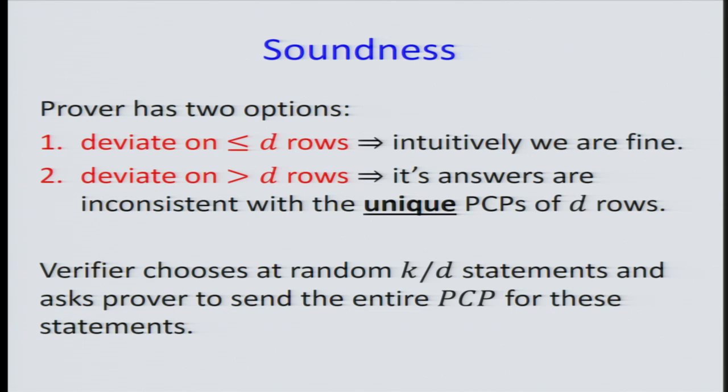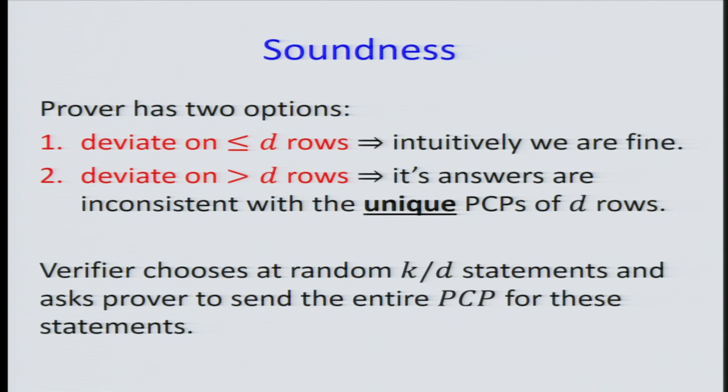The idea is the following. Let's choose, say, K over D of the statements at random, and ask him to send the entire PCP for those statements. Because it's cheating on more than D statements, with high probability, if I do this O of K over D times, I'll catch a row on which he's lying. This row is a true statement, but he sort of committed himself to wrong PCP answers for that statement.